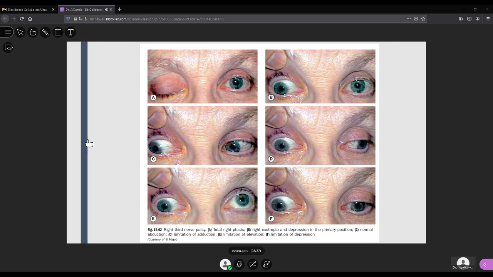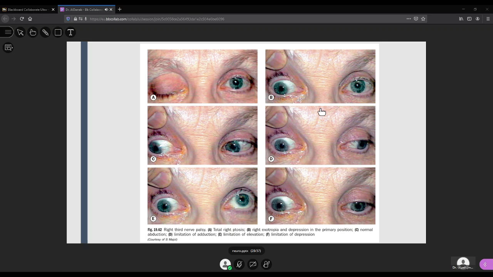In C, this is the right gaze, it will be fine. Abduction, the outward movement, will be fine. Why? Because the lateral rectus is okay, so normal abduction is fine. However, adduction, inward, when he looks inward it will be limited. Why? Because the medial rectus is damaged.